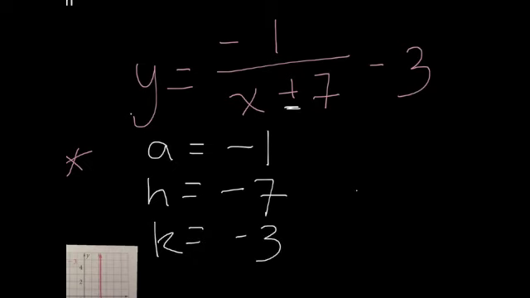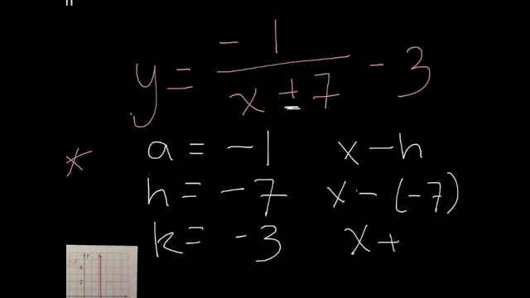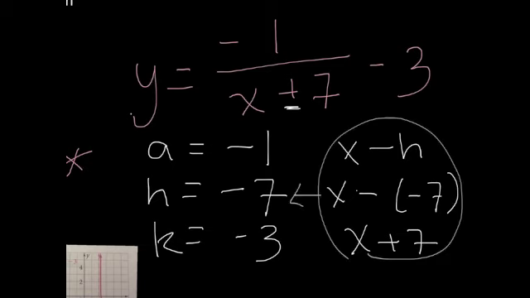And why is it negative 7? Well, since the original equation is x minus h, you're basically saying x minus negative 7, which is essentially x plus 7. And so that is why it's negative 7.